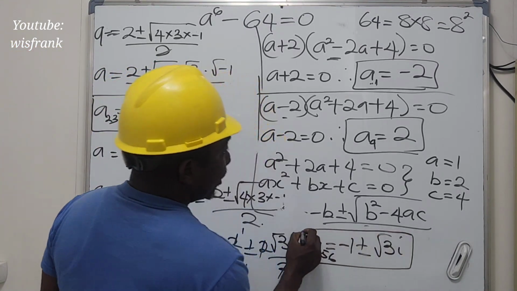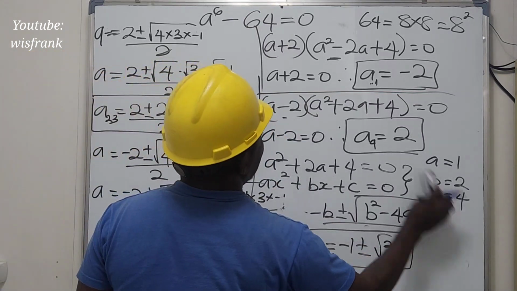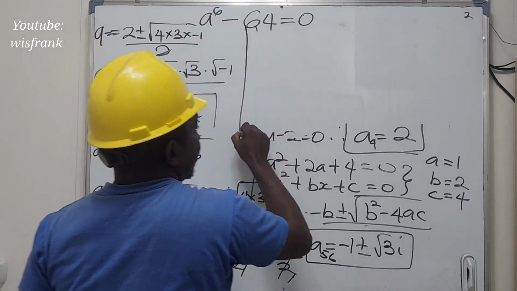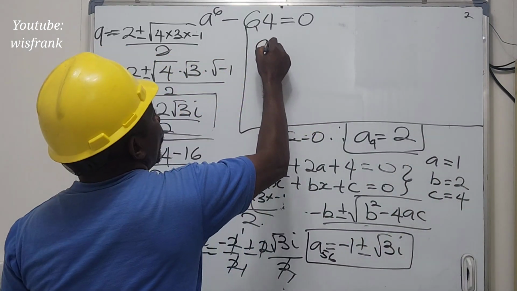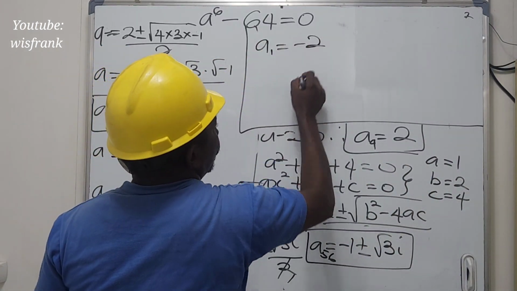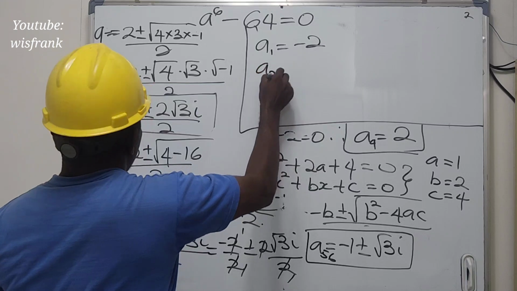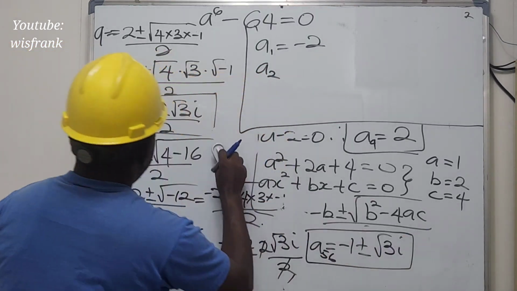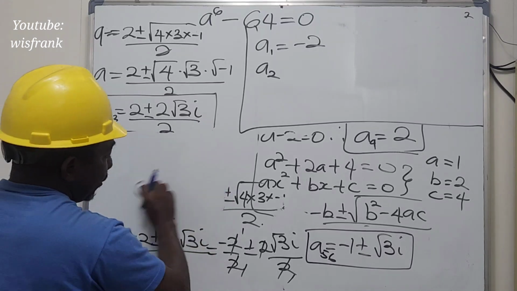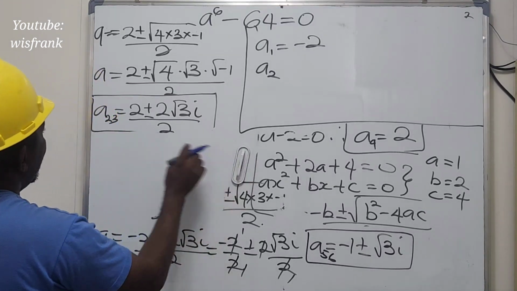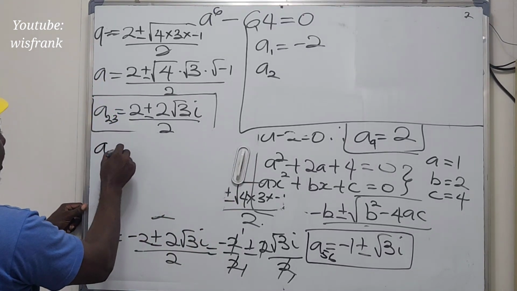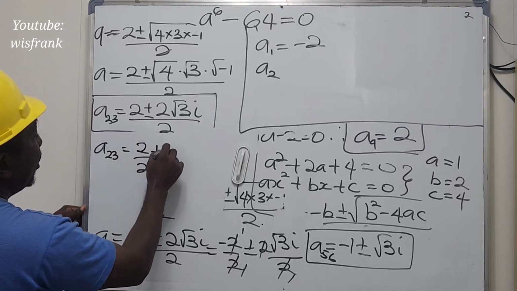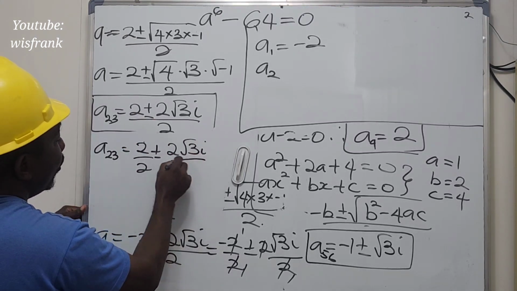So we are going to write out all the solutions of a that we have from our evaluation, starting from a1 equals minus 2. Then a2 and a3, which we can simplify: we separate 2 all over 2 plus or minus 2 root 3i all over 2.